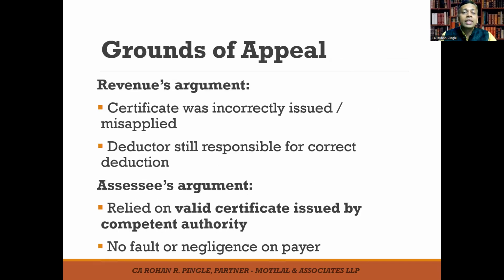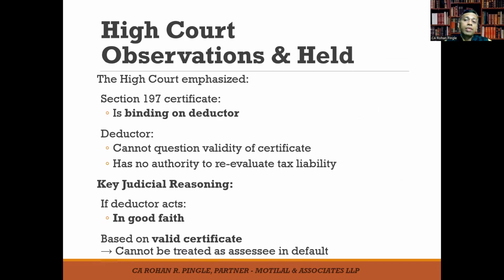Let's see the grounds of appeal. The revenue's argument was that the certificate was incorrectly issued, that is, misapplied, and the deductor is still responsible for correct deduction. Whereas the assessee argued that it relied on a valid certificate issued by the competent authority, with no fault or negligence on the payer's part.